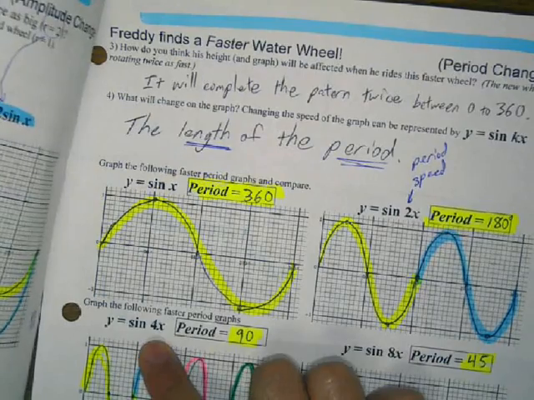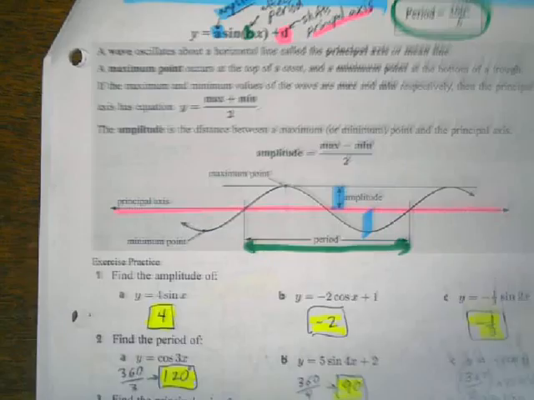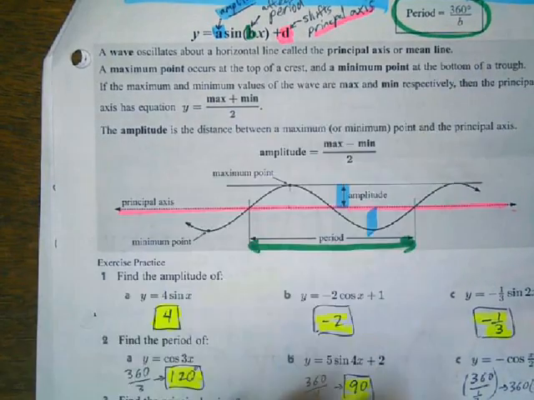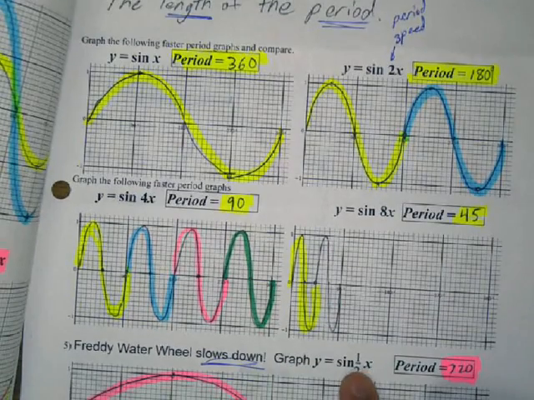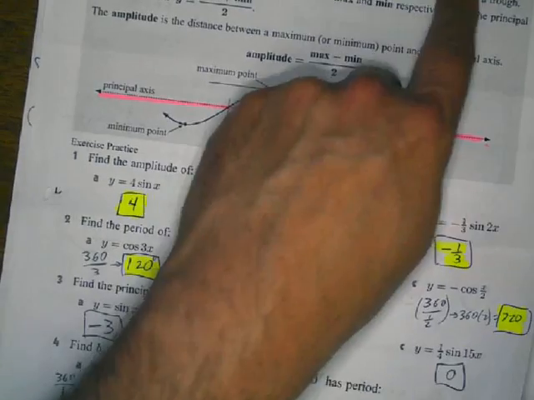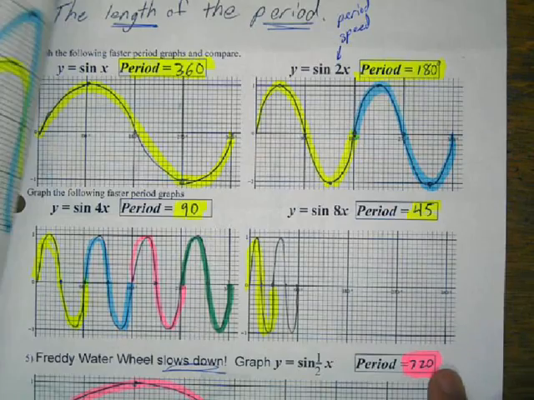If my B is 4, 360 divided by 4 gives me 90. If B is 8, 360 divided by 8 is 45. If B is 1/2, 360 divided by 1/2 is 720.